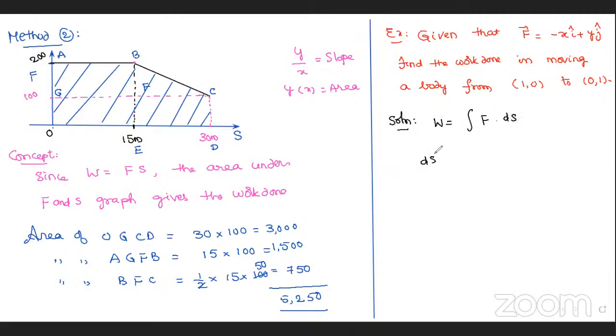The displacement s, we write like x i cap plus y j cap, but since force is given like that, the displacement ds bar I write as dx i cap plus dy j cap. Whereas force is already given here as x i cap plus y j cap. Now, do you have any doubt in my assumption?